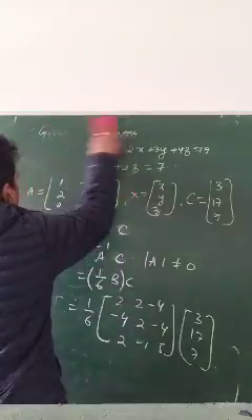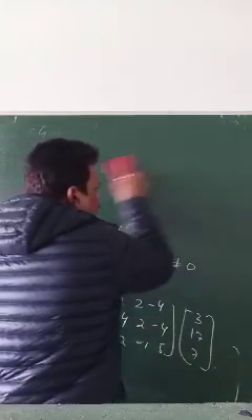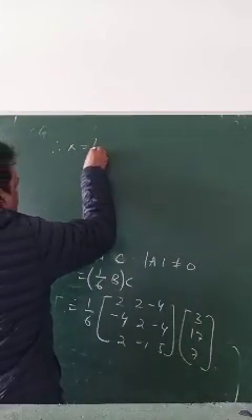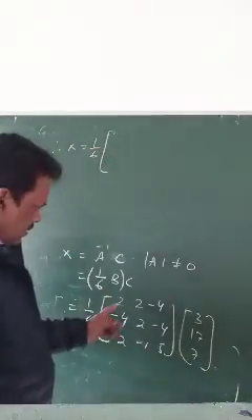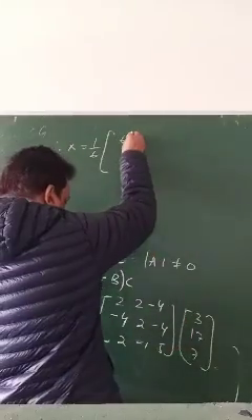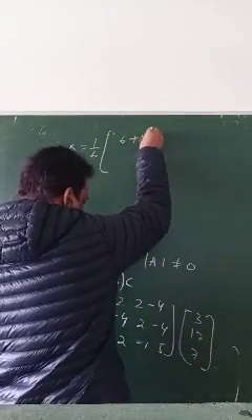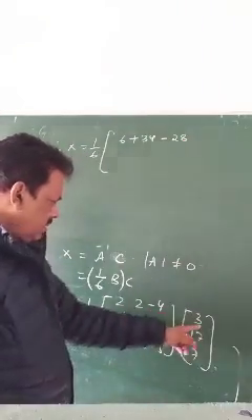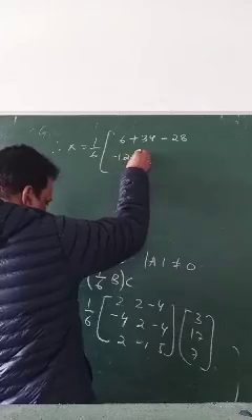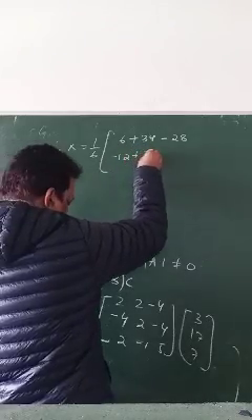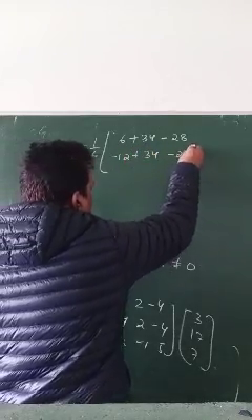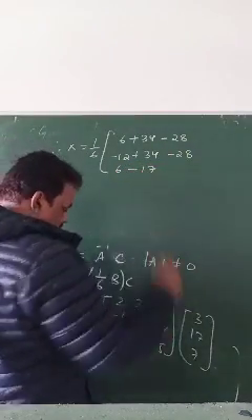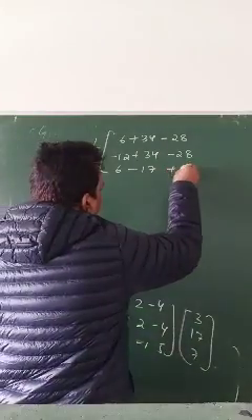So multiply, therefore X equals 1 by 6, 2 3 6 plus 34 minus 28, row column, minus 12 plus 34 minus 28, then 6 minus 17 plus 35.